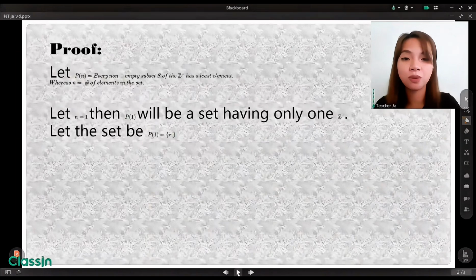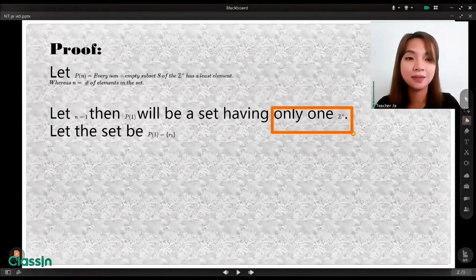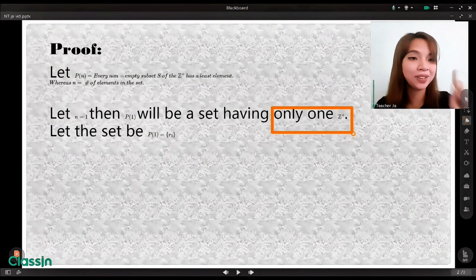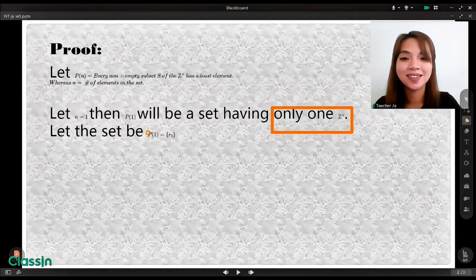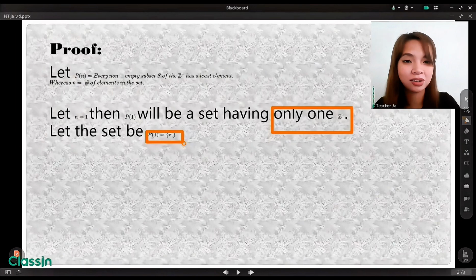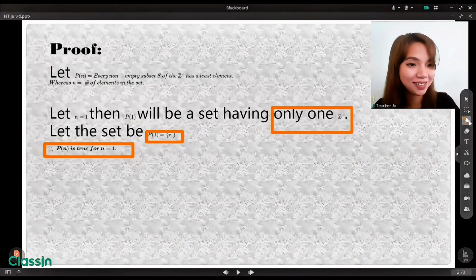Then P of 1 will be a set having only one positive integer, so the set will be P of 1 equals r of 1, because we are not looking for more than one integer. With that in mind, P of n is true for n equals 1.